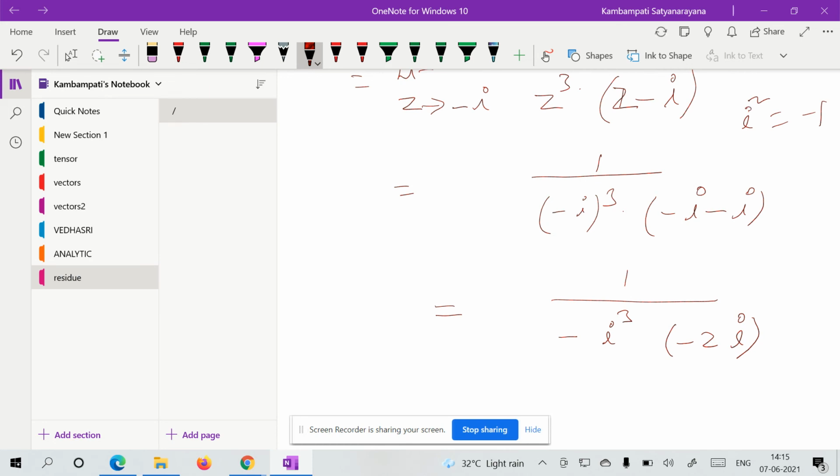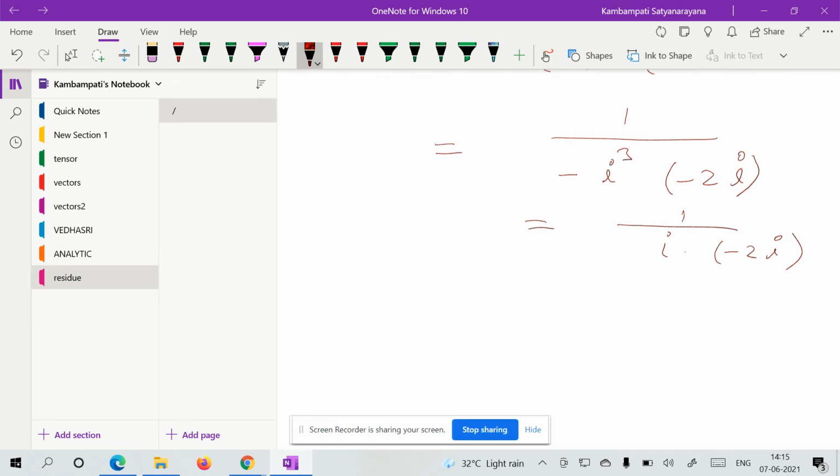So for i cube, multiplying by i on both sides, i cube value is minus i. So minus minus becomes plus, i into minus 2i. So i square value is minus 1, and minus 1 into minus 2 gives 2. This value is 1 by 2.